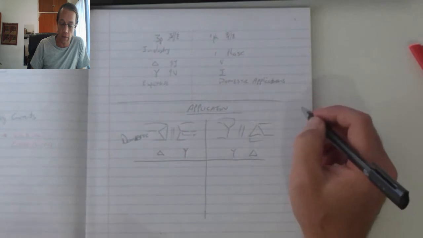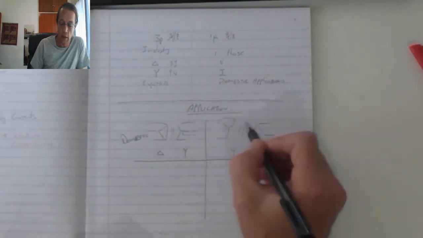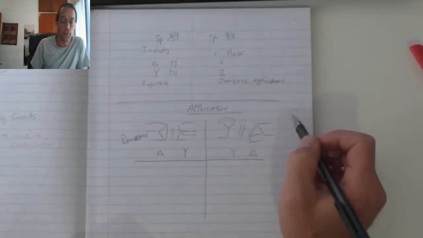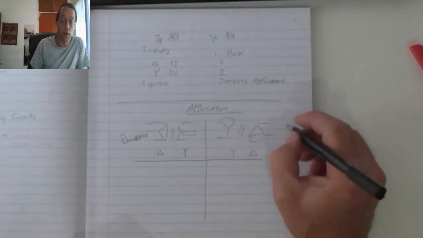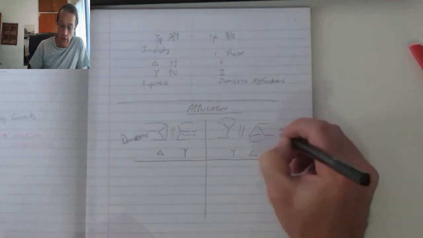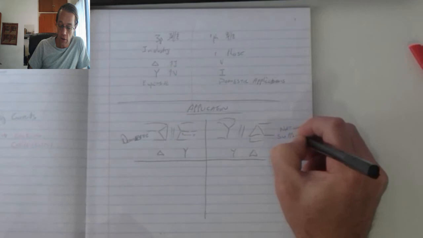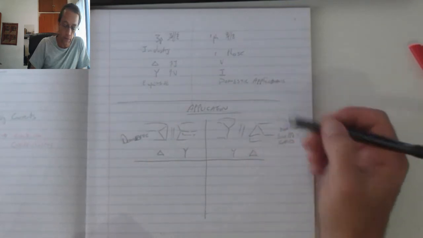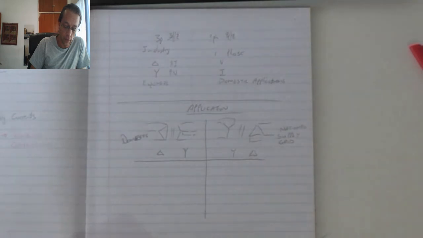This is where I've got a 4-line input and I need to convert it to a 3-line input. Now this is usually used in my national supply grid in order to step up the voltage in order to connect it to the high voltage transmission lines.